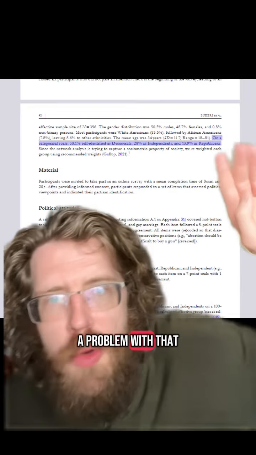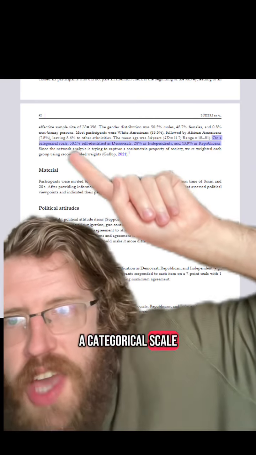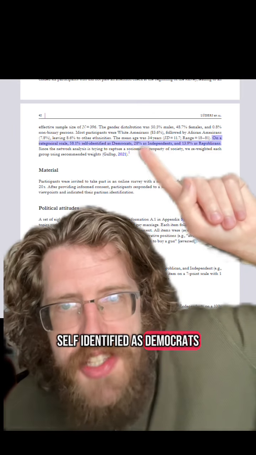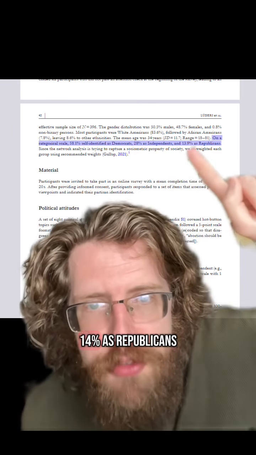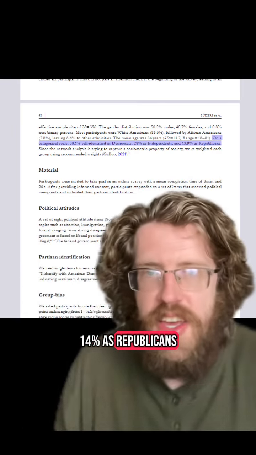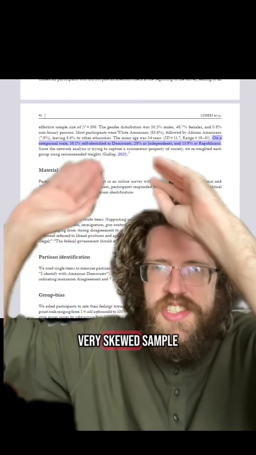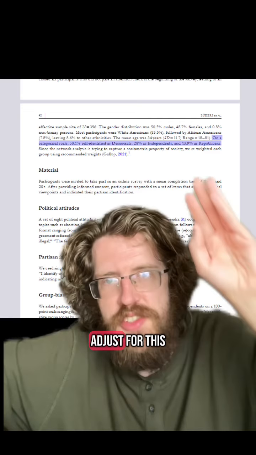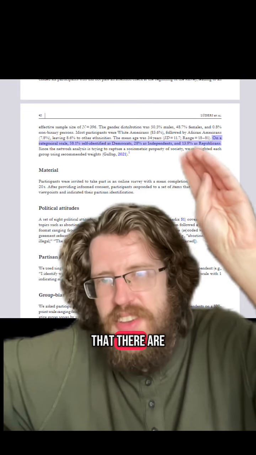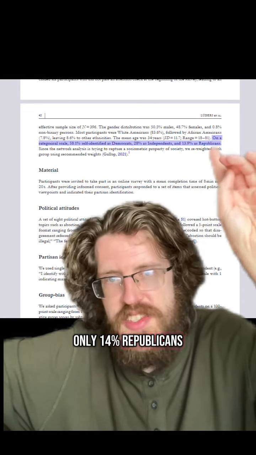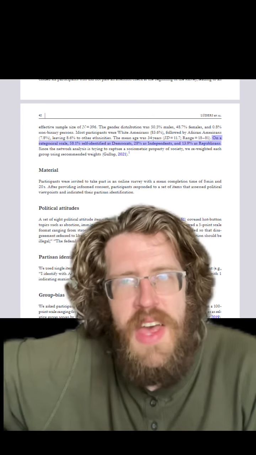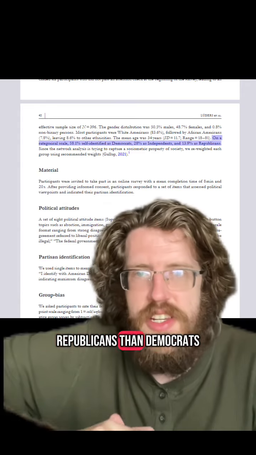I think there's a problem with that, which is on a categorical scale, 58% of respondents self-identified as Democrats, 28% independent, and 14% as Republicans. In other words, they have a very skewed sample. And the authors do try to weight the responses to adjust for this. But the fact that there are only 14% Republicans, there are fewer Republicans in their survey than there are independents, and far fewer Republicans than Democrats.